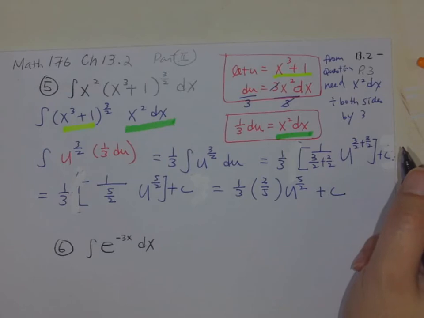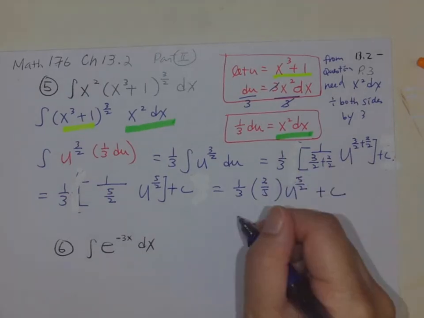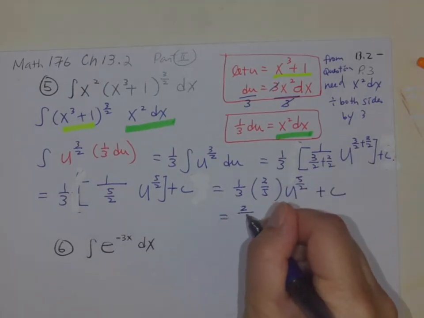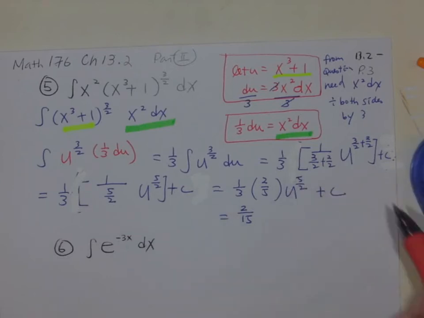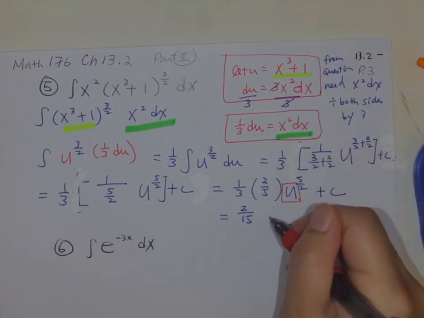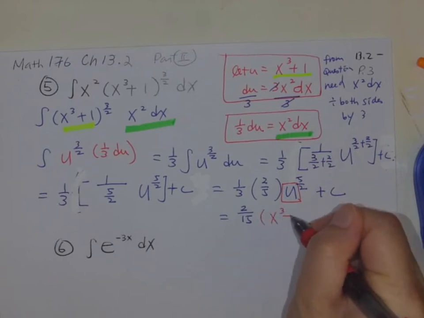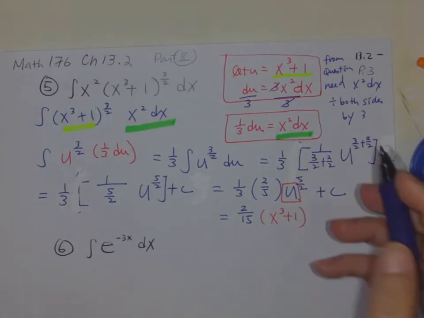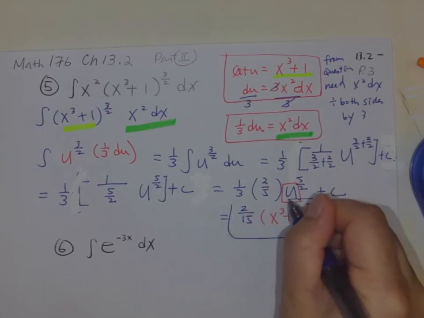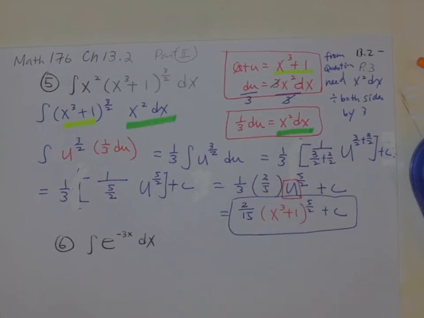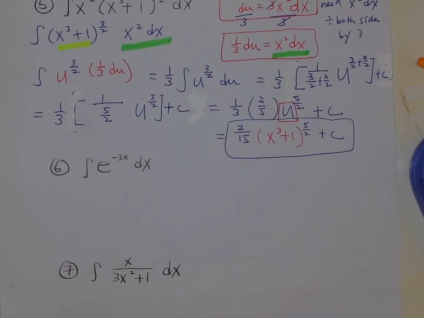So when they multiply together, we have 2 over 15, and then can I go ahead and replace my u? My u can turn back into x cubed plus 1, raised to the 5 halves, plus a c. And c can be any number. That's it. So things are getting more difficult, as you can see.